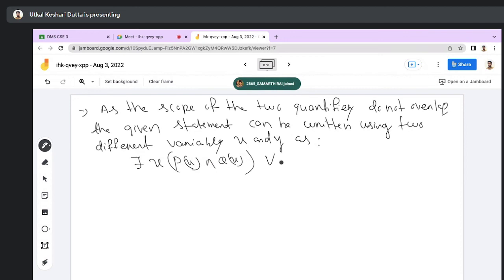Instead of writing for all x r of x, you can take another variable, for all y r of y. That will be the same.